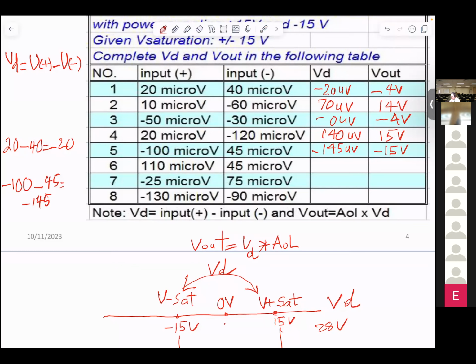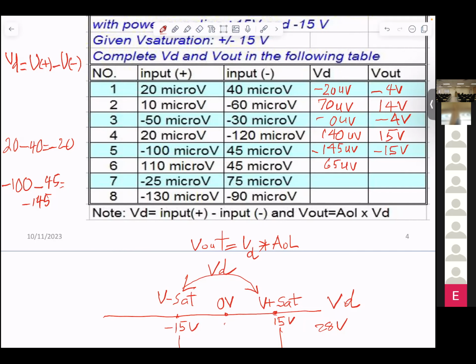Now, number 6. Okay. The 55. 65. Perfect. Oh yeah, 65.